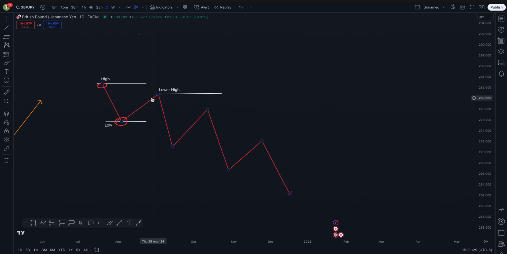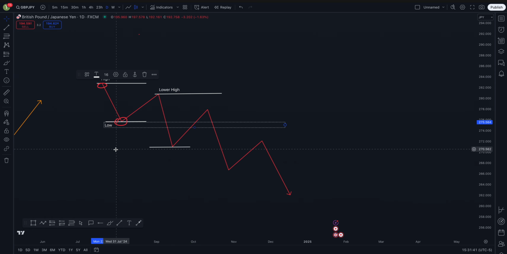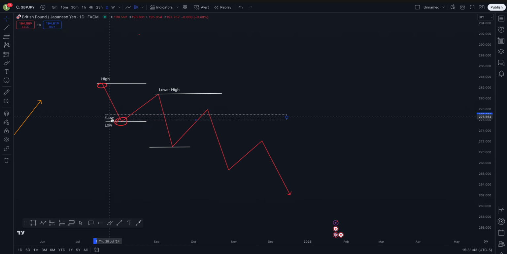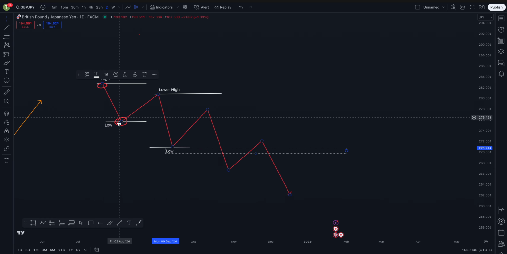So price gets exhausted and starts to move back down in this direction, and then it moves lower than this previous low. What is this current low now called? It breaks this previous low and creates a new low. What is this low now called? If you said lower low, then you're 100% correct.